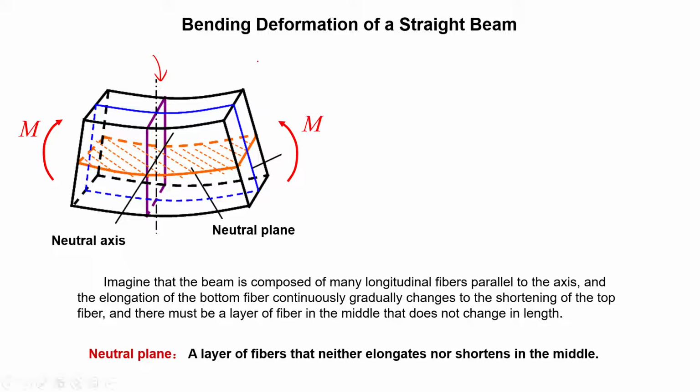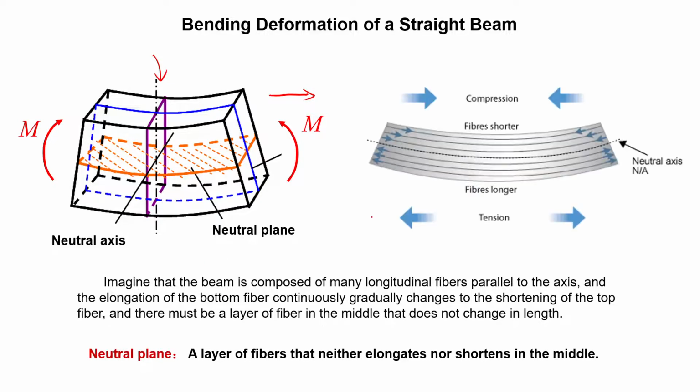If you imagine the beam is composed of many longitudinal fibers parallel to the axis, for example, the axis is along these directions, then the bottom half, as I am showing in this figure, the fibers are elongated. However, on the top half, the fibers are shortened.